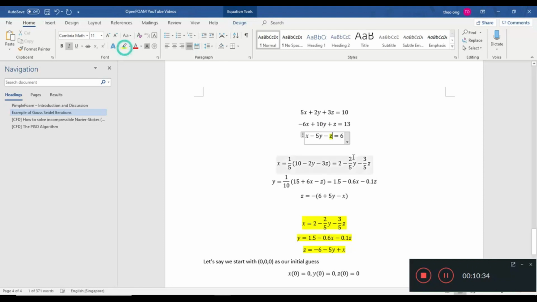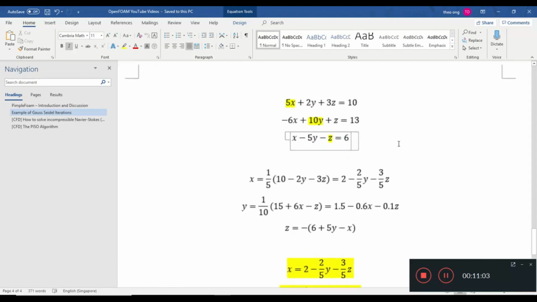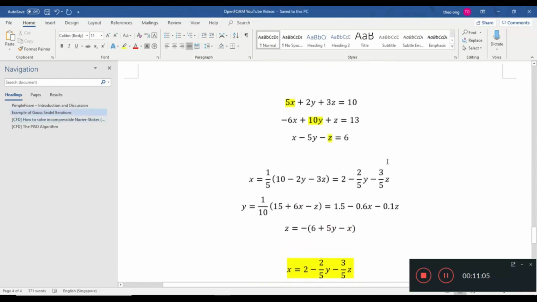So let me highlight those for you to show why it is called diagonal dominance. If you have studied numerical solutions before, let me try again to highlight the 5x without highlighting everything else. Normally we want the coefficient on these highlighted terms to be the biggest, because that supposedly gives us the biggest stability.